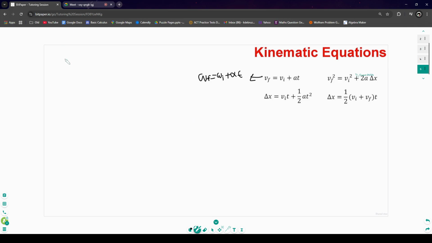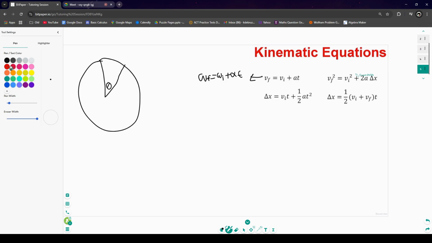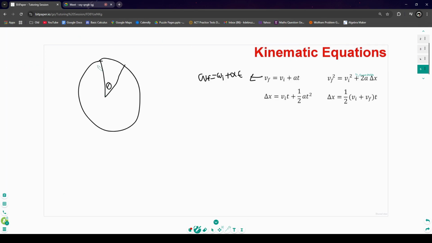So instead of distance, we're working with arc. So if we have some circle, and this is our theta, this arc right here is kind of like our distance. This is what we call arc.